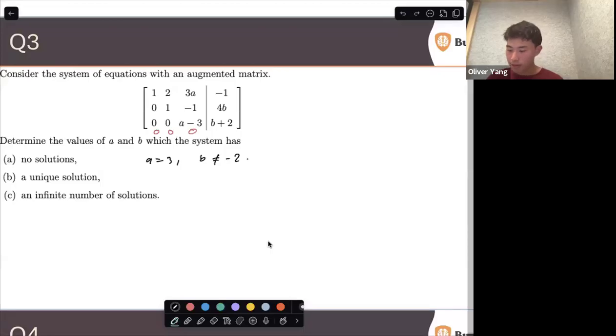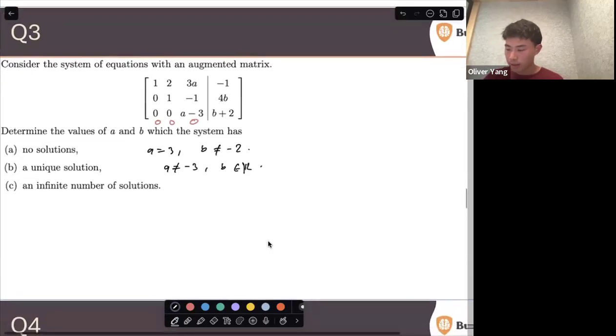And then unique solutions, well, we want A to be something that doesn't equal -3, and B, we don't want it equal to 0, right? Oh, actually, it could be anything. B is equal to a real number.